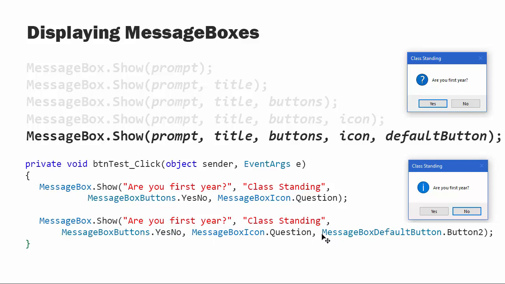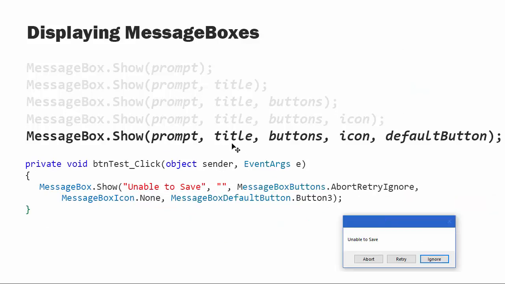But then I've added a 5th item, a message box default button dot, and you can choose button 1, button 2, button 3. We only have 2 buttons here, so button 3 wouldn't have any impact, but button 2 makes no the default button. And I could press the enter key instead of clicking on no. Now, the user can also press the tab key and go back and forth between these buttons. So it's simply setting up what we anticipate the user would want to click on.